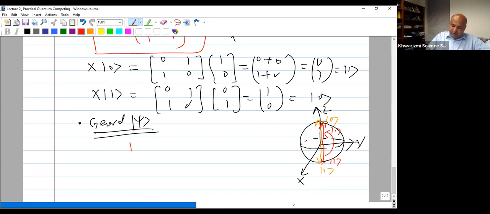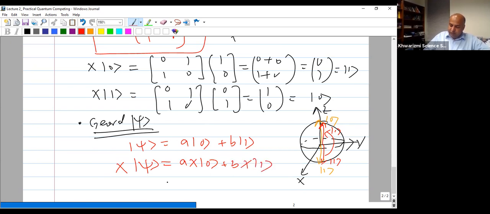If I write my state psi as some A0 plus some B1, the action of this gate X on the state psi can be specified like this. This X will distribute, so X on A0 plus B X on 1, and X on 0 turns it into 1, and X on 1 turns it into 0. So if we have a superposition state A0 plus B1, it goes to A1 plus B0.